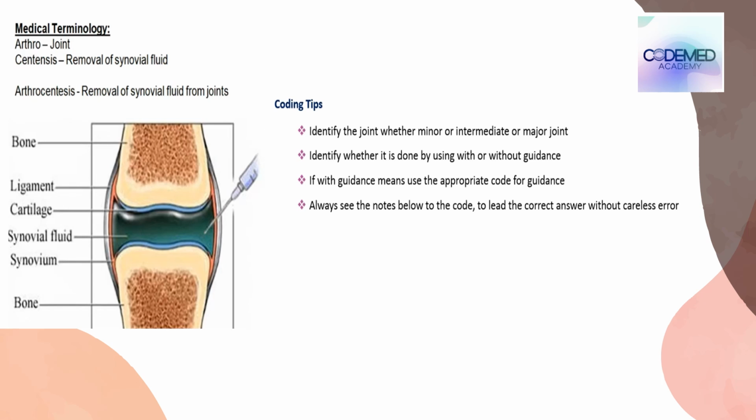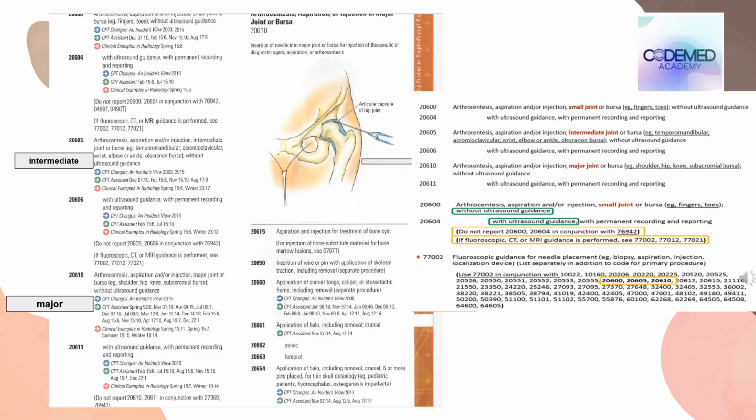If with guidance, use the appropriate code for the guidance, and always see the notes below the code to reach the correct answer without careless error. So these are the codes in your book for arthrocentesis, and you will see that arthrocentesis codes are divided depending on the size of the joint, and everything is very clearly given.